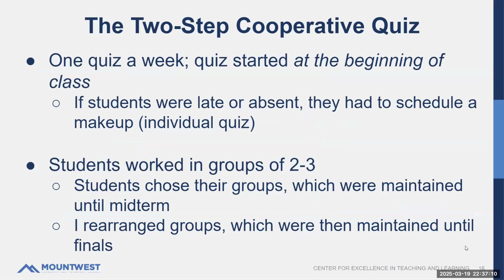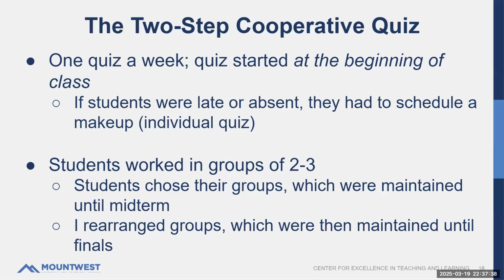As for the logistics of what I was doing here, I gave my students a quiz every week. It was at our first meeting of the week, right at the start of class. I foresaw a problem that students would be late sometimes, or absent sometimes. If they were late or absent, they didn't get to take a quiz with their group, so they had to schedule a makeup quiz and wouldn't get that group quiz boost.